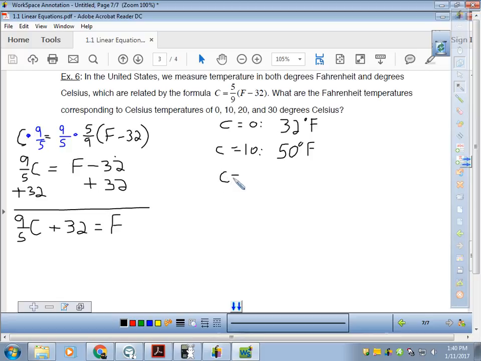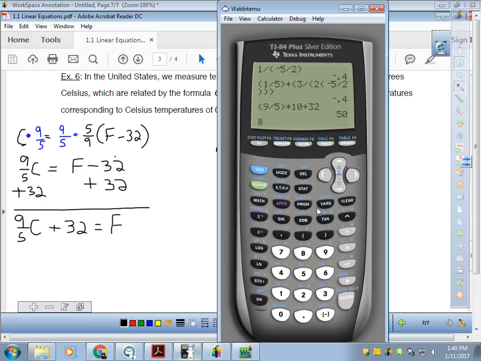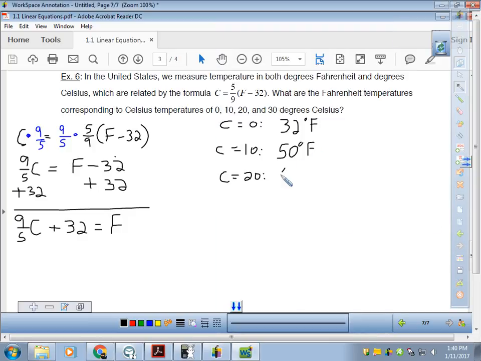And then when c equals 20, we just plug 20 into our equation that we wrote. So we have 9 divided by 5 times 20 plus 32. So we get 68 degrees Fahrenheit. And then the last one they asked us to do was 30 degrees Celsius, so when c is 30.